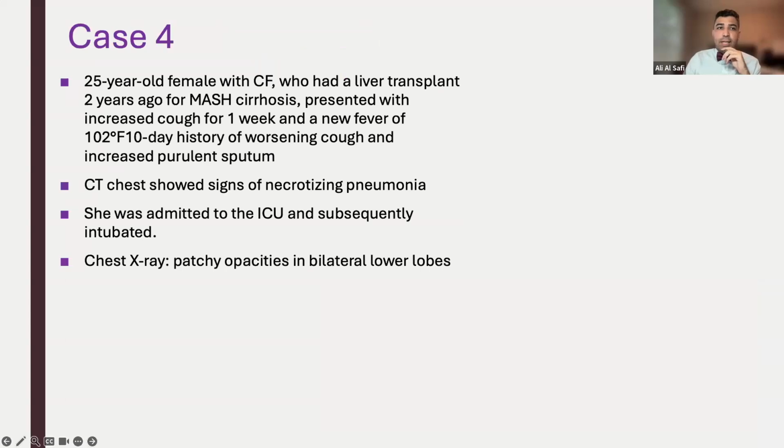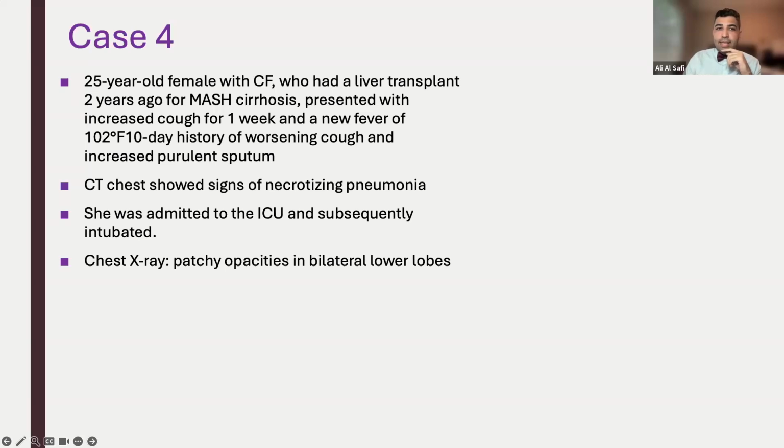Case 4, we have a 25-year-old female with cystic fibrosis who had a liver transplant 2 years prior to her presentation because of MASH cirrhosis. She presented with cough for a week, new fever, and then her cough was getting worse and worse, and her phlegm was getting worse.